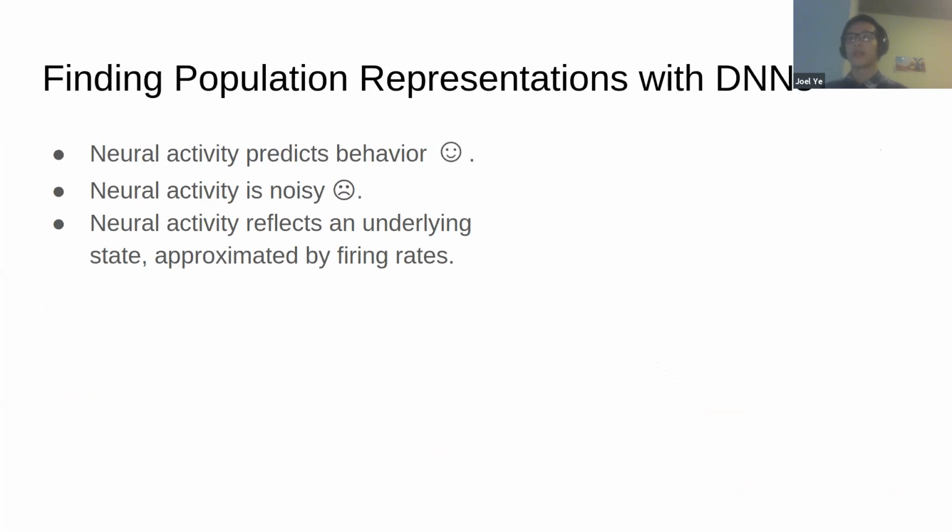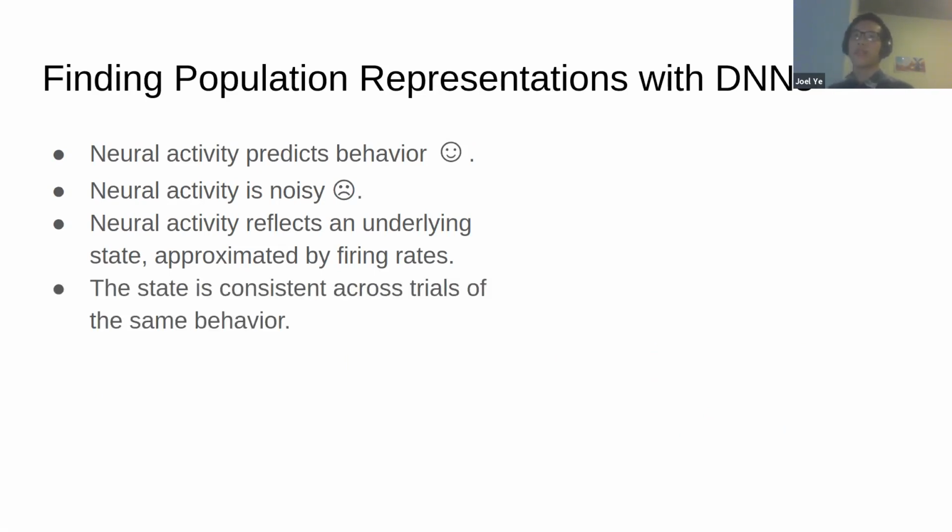We hope that we can train better behavioral decoders on this state, and we can approximately represent this state by referring to the firing rates of the individual neurons instead of the spiking activity itself. This state is consistent across trials of the same behavior, which will be important if we want to decode behavior. And now we ask, how can we model this state?